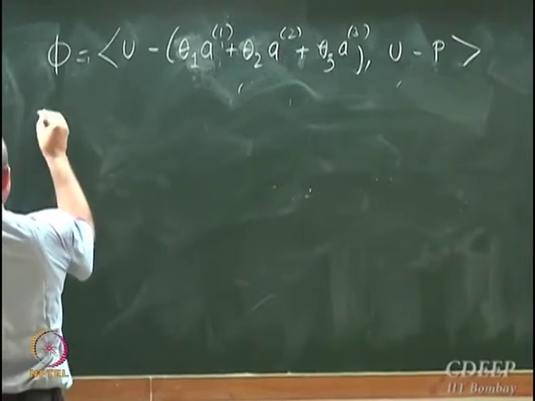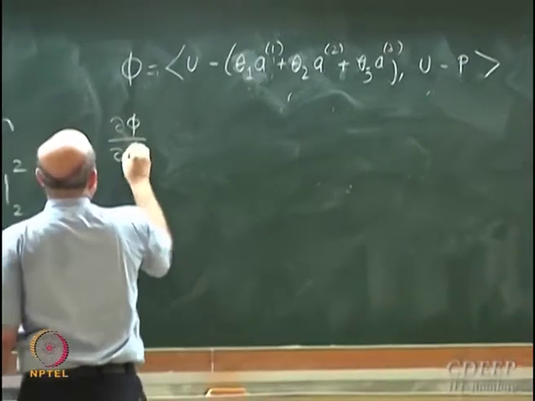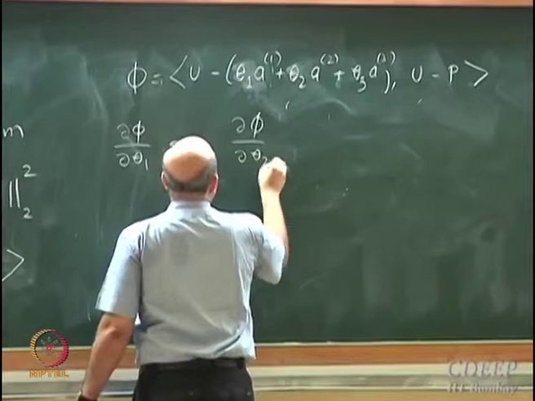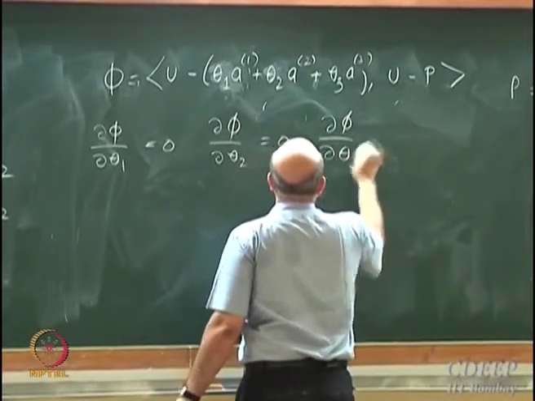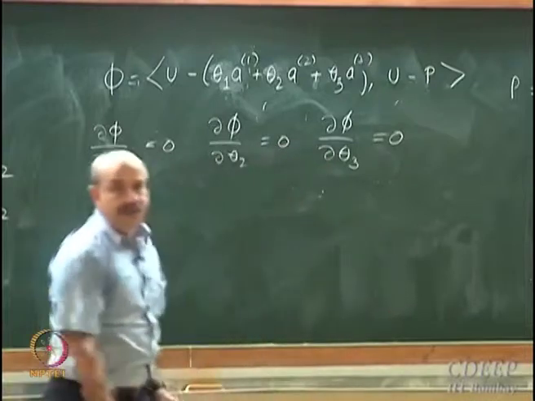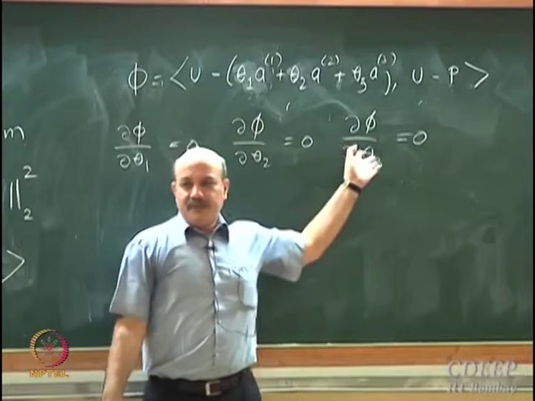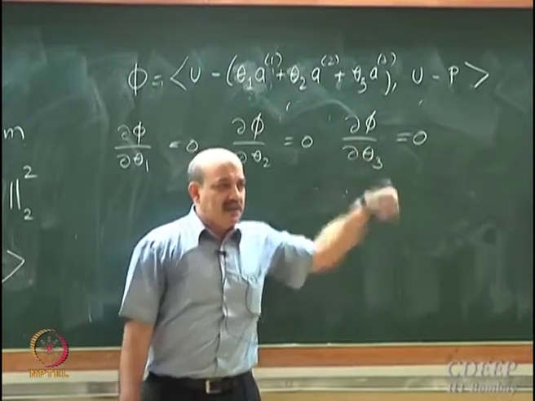My necessary condition for optimality is dou phi by dou theta 1 is equal to 0, dou phi by dou theta 2 is equal to 0, and dou phi by dou theta 3 is equal to 0, right? These are my three conditions. Is everyone with me on this?